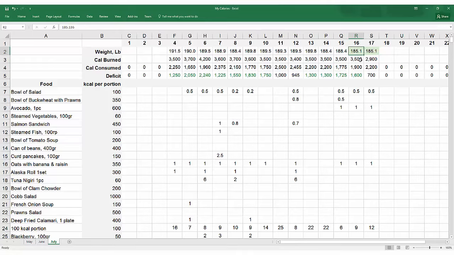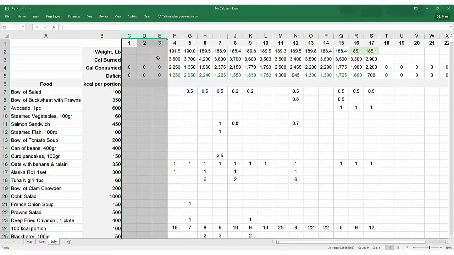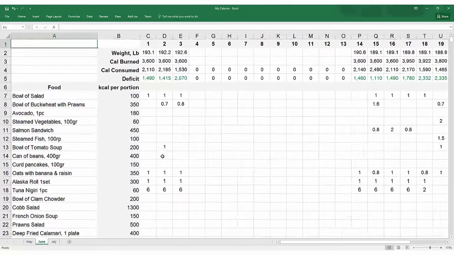Before I continue on to showing you some of the labels for food, exercise, let me show you a few more things in my spreadsheet, and just explain some of the things. So first of all, see this empty spot here, as well as in June.